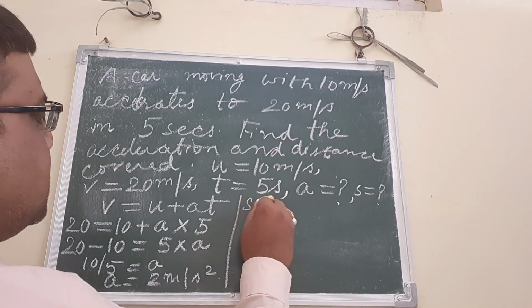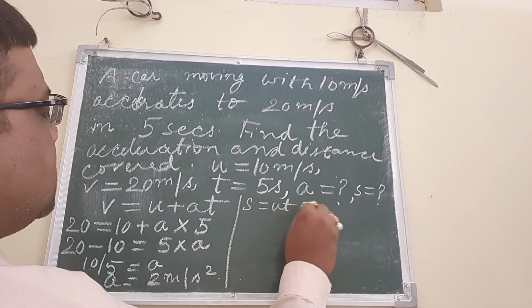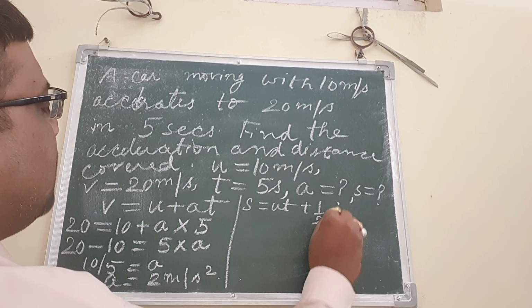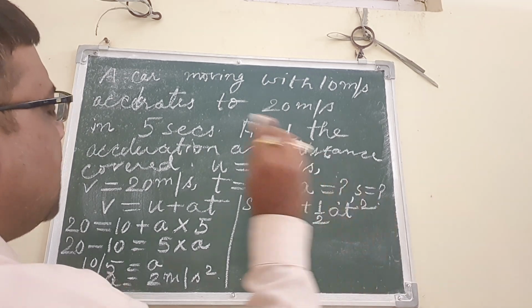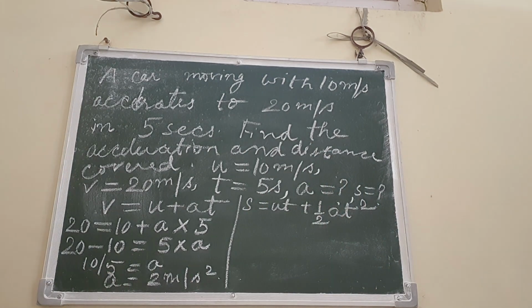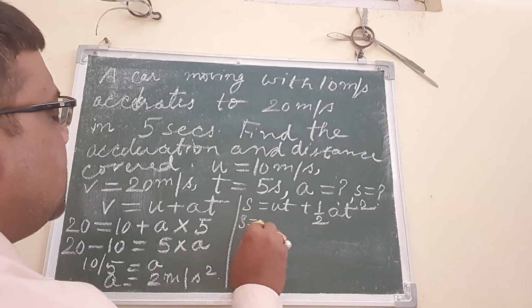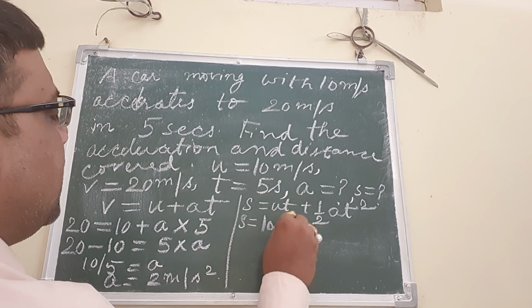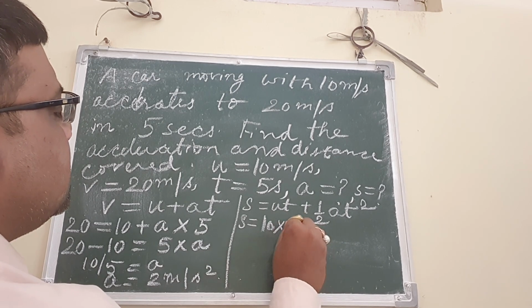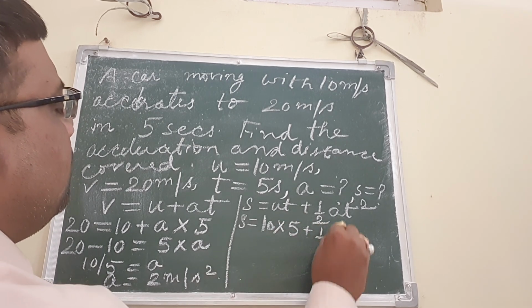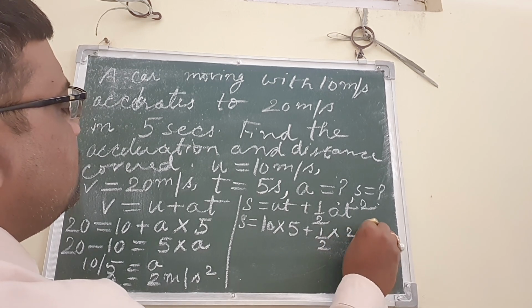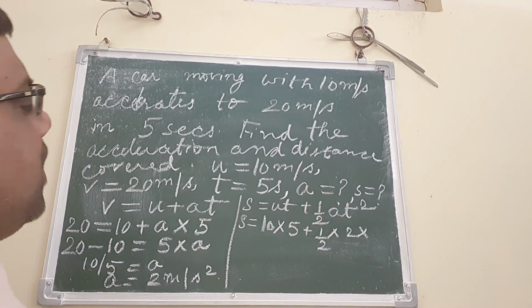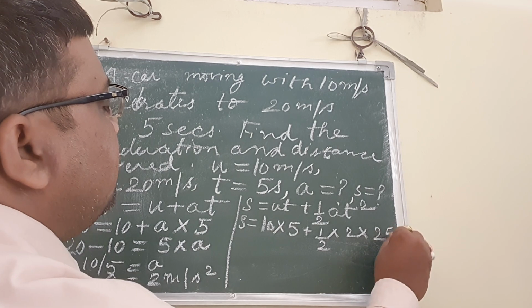Now we have to find the distance that is being moved. So s is equal to ut plus half at square. That is our second equation of motion. So substituting the values, u is 10 into time, that is 5, plus half into a acceleration, that is 2, and time, that is 5, 5 square, that is 25.